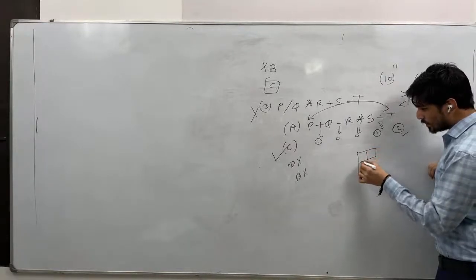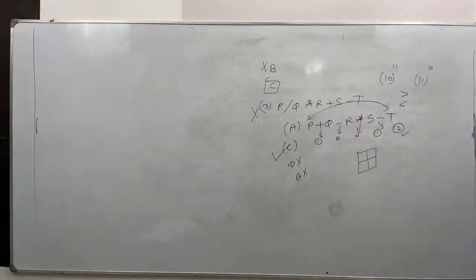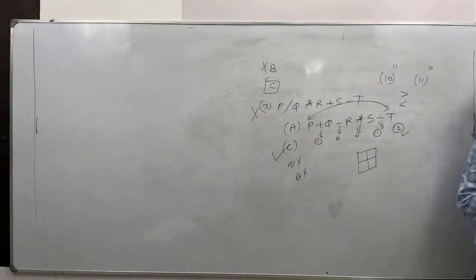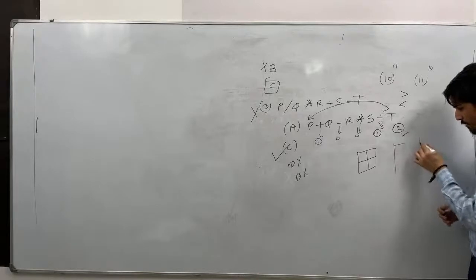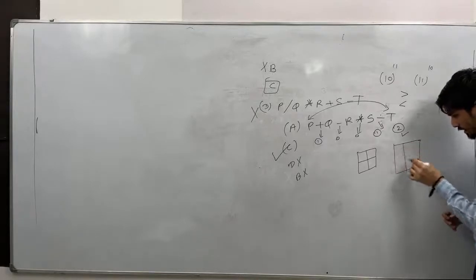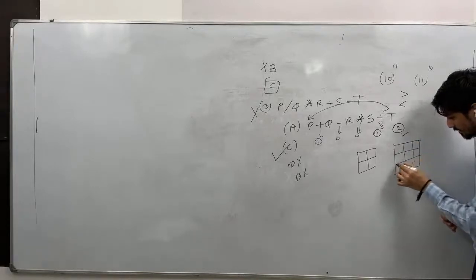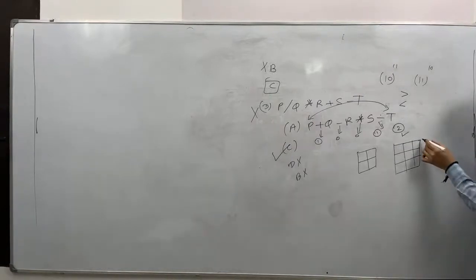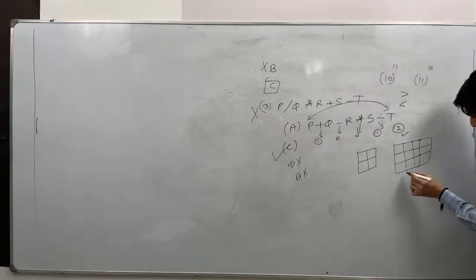Let's say, how many squares do you see here? 5, right? And if I make it 3 by 3, then 9, 10, again there is some pattern. 14, right? If I take 4 by 4, now what happens?